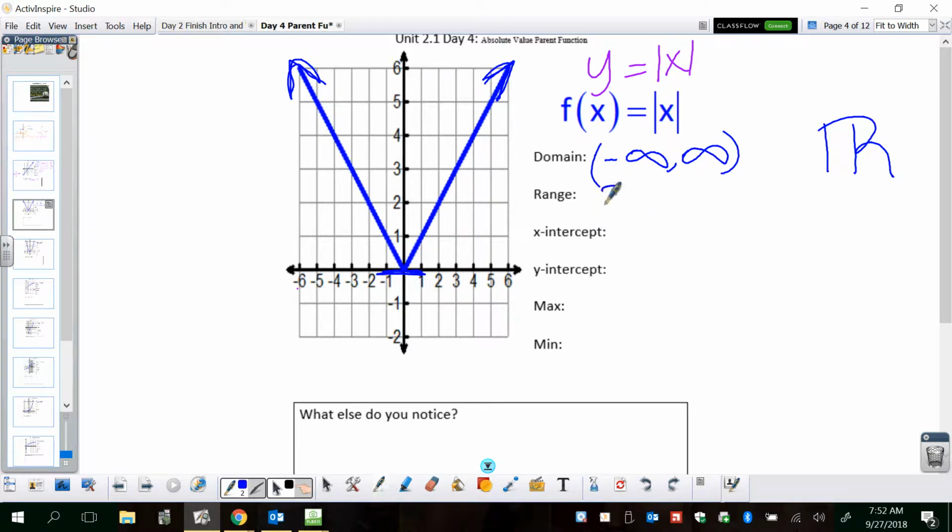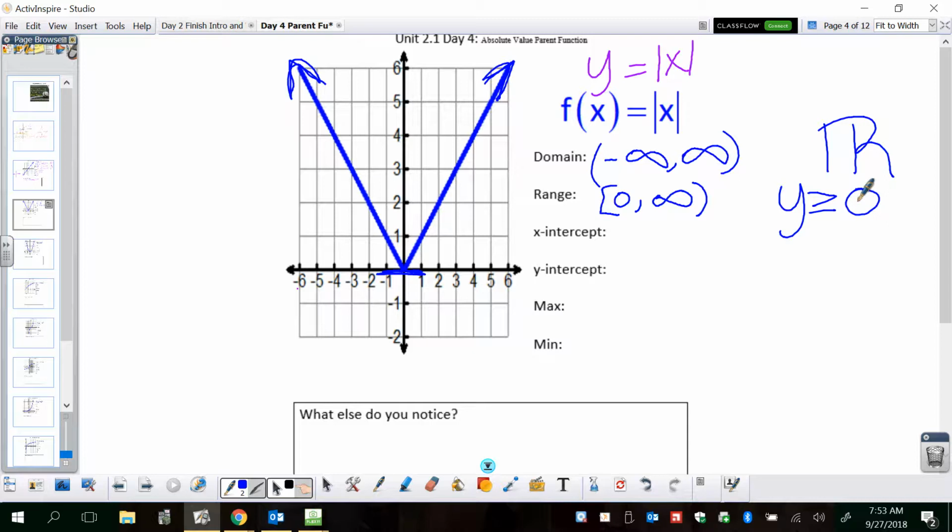So 0, and then it goes all the way to infinity, with a parentheses. Now this is where set notation comes into play. This is just saying y is greater than or equal to 0. Those two ranges mean the same thing.